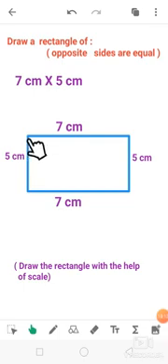In the same way, place the scale, draw 7 centimeter, and from this point place the scale, draw 5 centimeter. As opposite sides are equal, again here it will come 7 centimeter. On the left hand side it will come 5 centimeter.